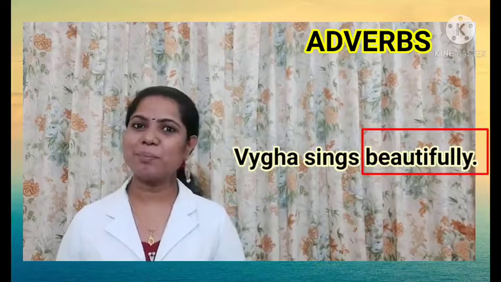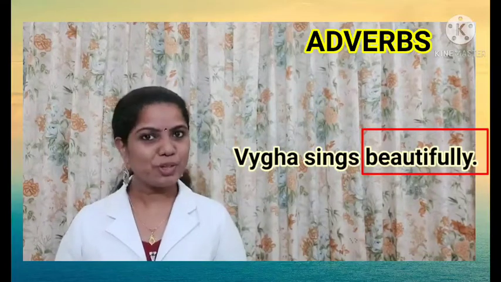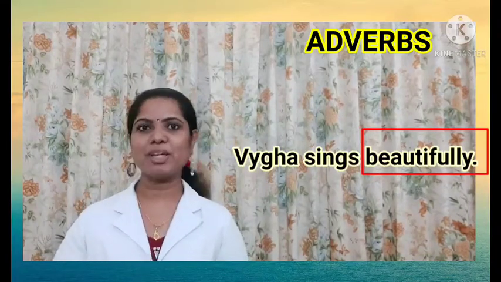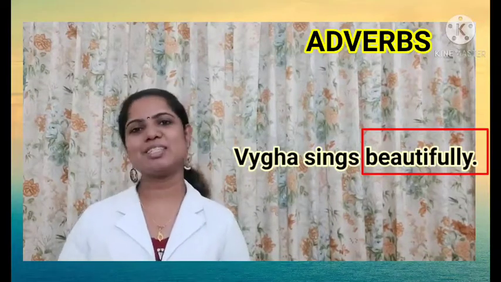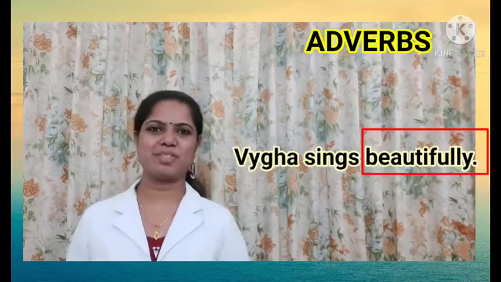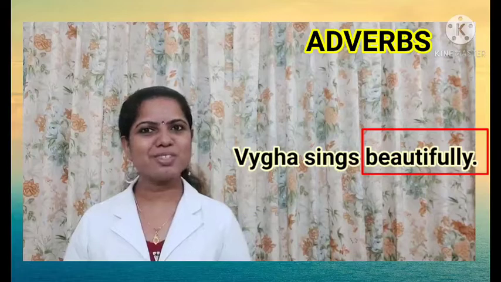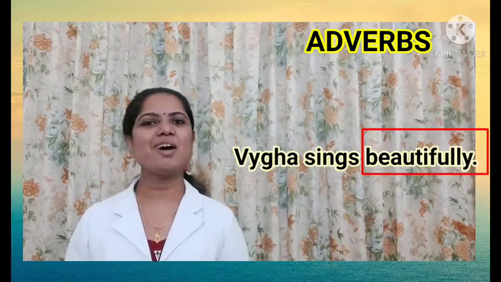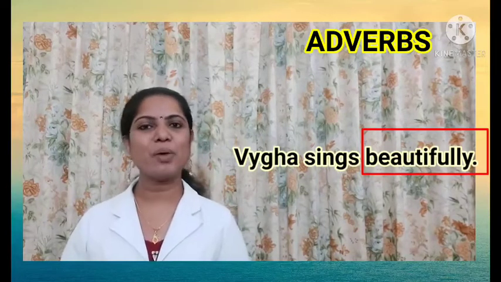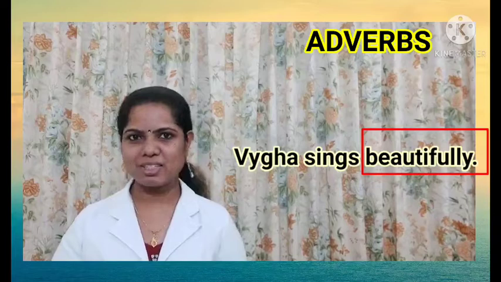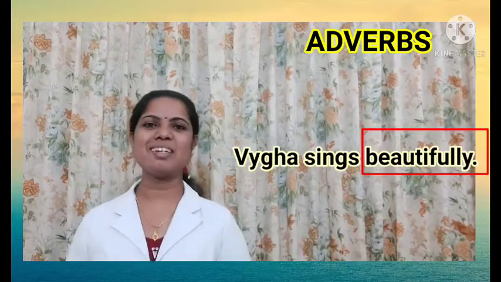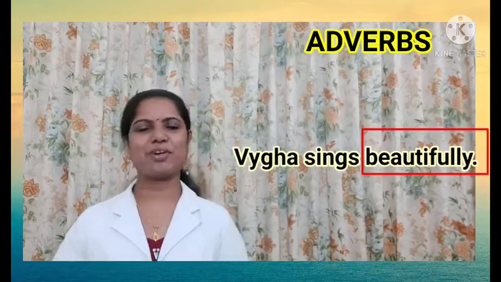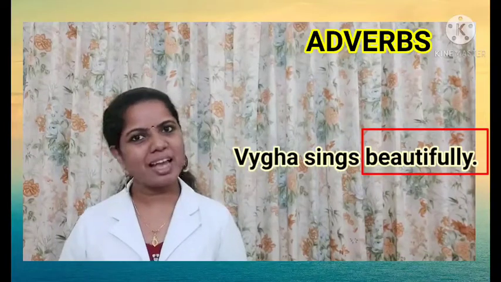The adverb is beautifully. And we know that adverbs modify the verbs, an adjective or another adverb. It tells us how something is done, how an action is performed. So here, how does Vaiga sing, children? She sings beautifully. So beautifully is the adverb.